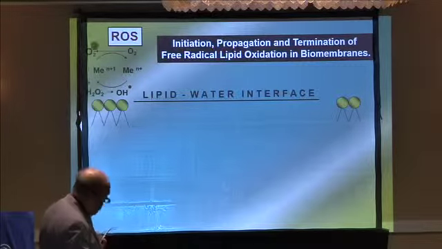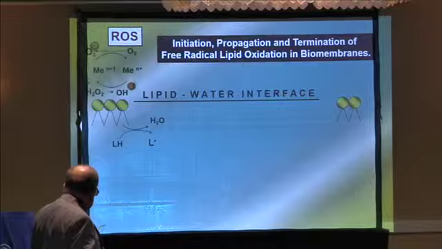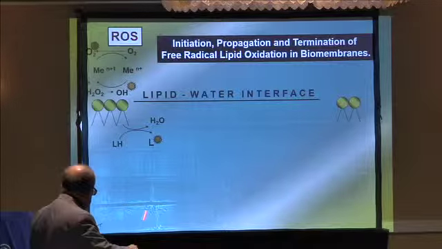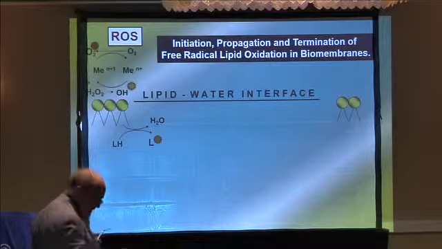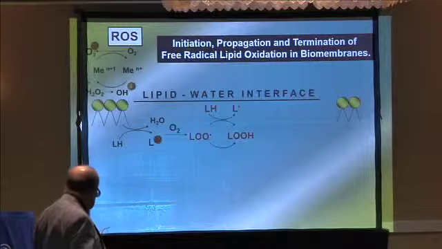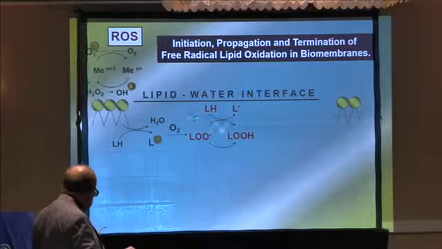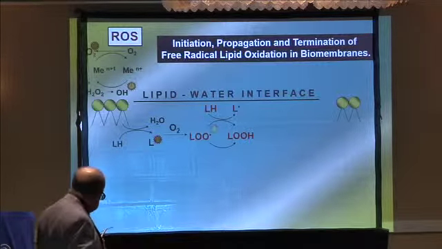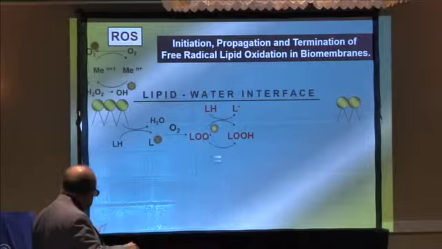Then this will oxidize lipids, and the product will be a lipid radical, which immediately grabs molecular oxygen and forms a peroxyl radical. And this is the major reaction of lipid oxidation.